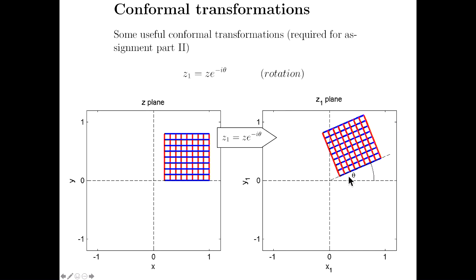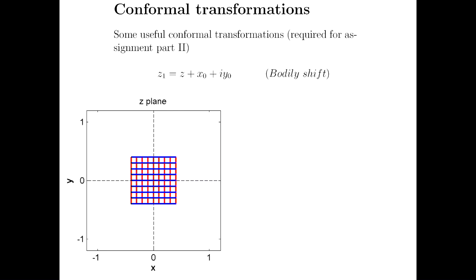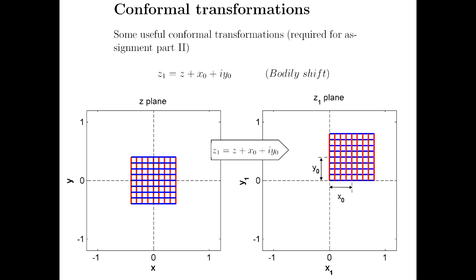The next one is translation, or bodily shift. In the transform plane, Z1 is just equal to Z plus x naught plus i y naught, where x naught is some shift in the x-axis, and y naught is some shift in the y-axis.